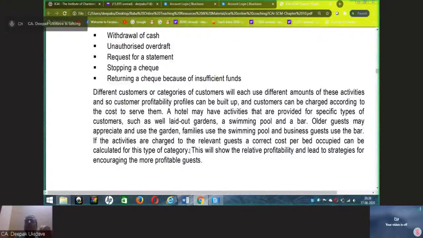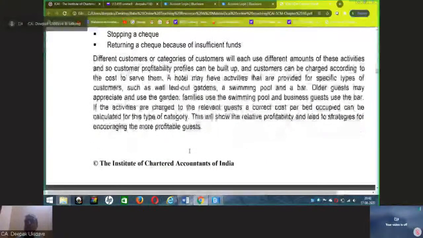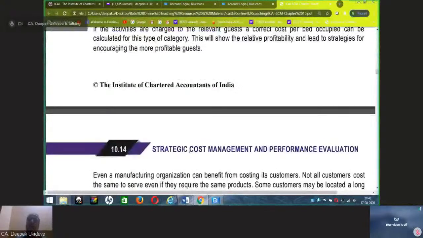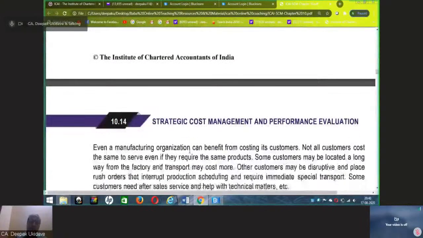But ideally speaking, hotels should be doing it like this, so that cost per bed, cost per room is charged on the basis of facilities or amenities which are availed by a particular type of customer. Right? So at least we learn, and in real life, by the time you start working in the organization, probably even the service industry would have geared up to that extent, and they would be ready to take this challenge of activity-based costing.